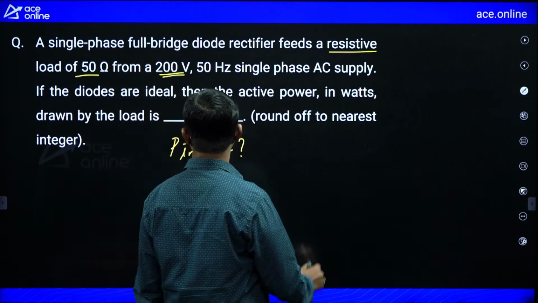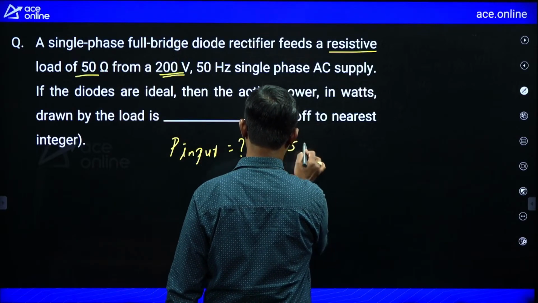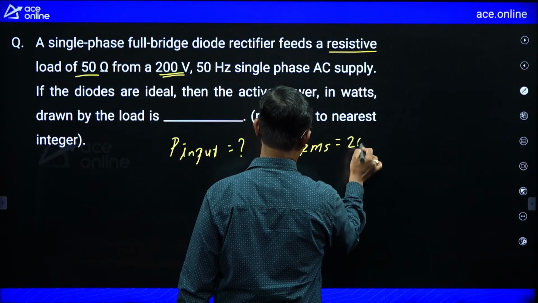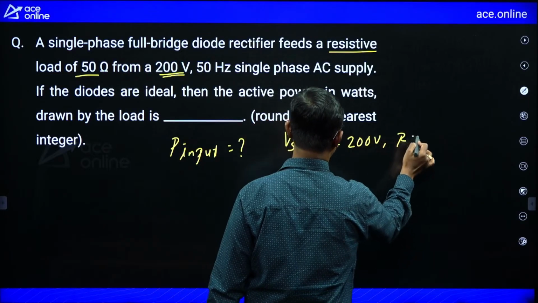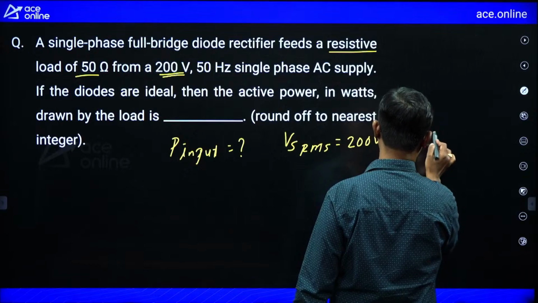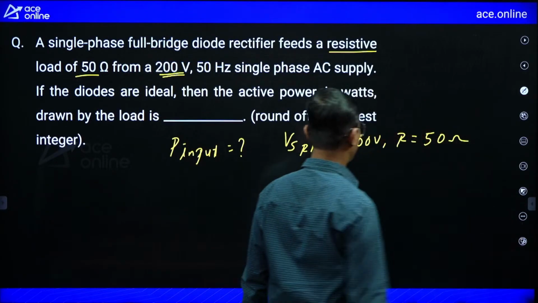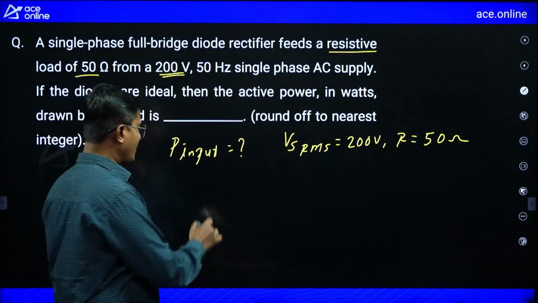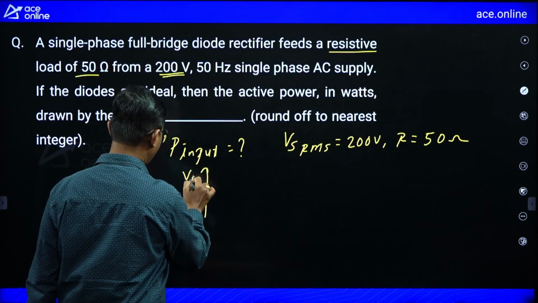Here, if you have the diode rectifier, my VS RMS is 200 volt and the load resistor is 50 ohm. Then what is the P input they are asking? For a diode rectifier, what is your output voltage waveform?